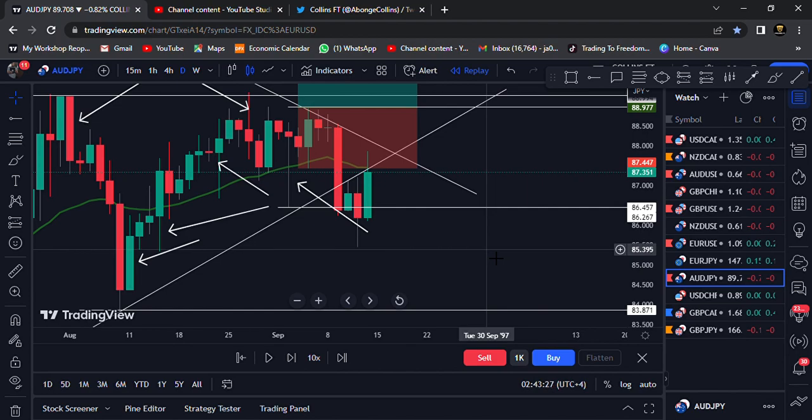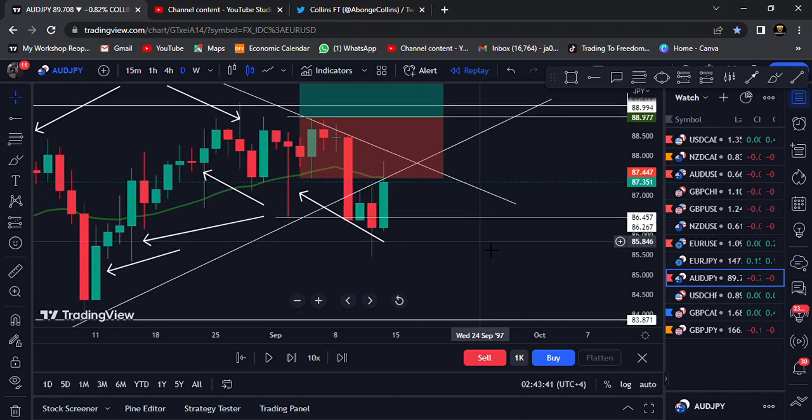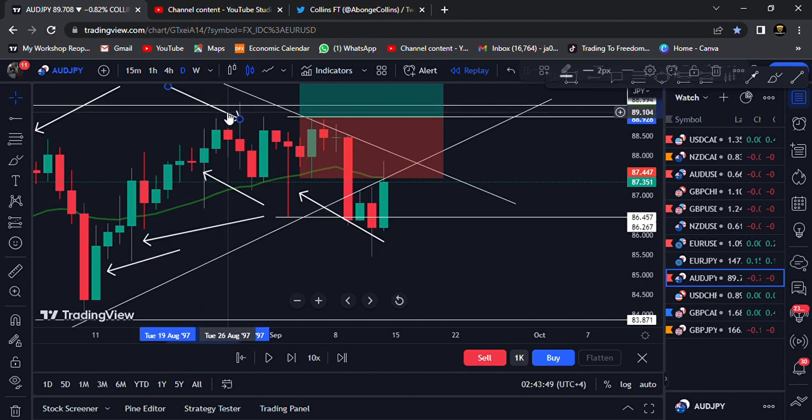Okay, so it's actually not saying anything right now, though it gives a kind of sell signal. But this is the thing with JPY pairs, they have those crazy movements. That's why I said when you see a lot of these signals like this, they don't say anything, especially with JPY pairs.